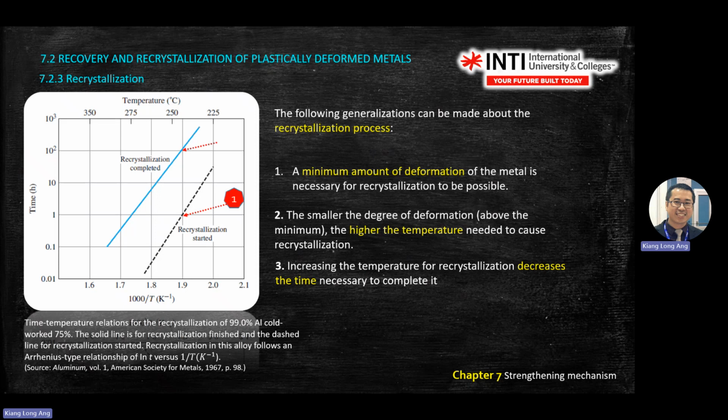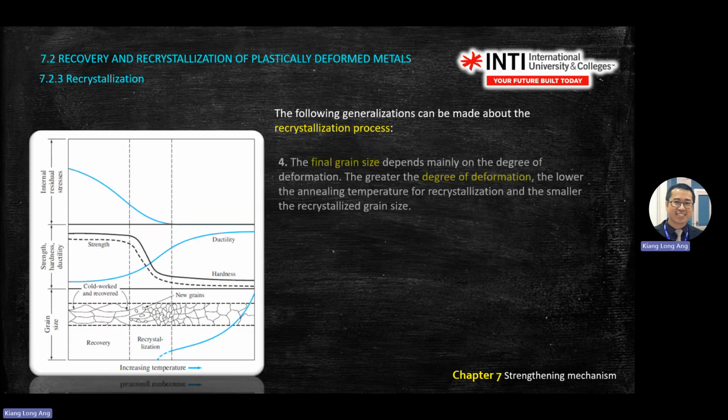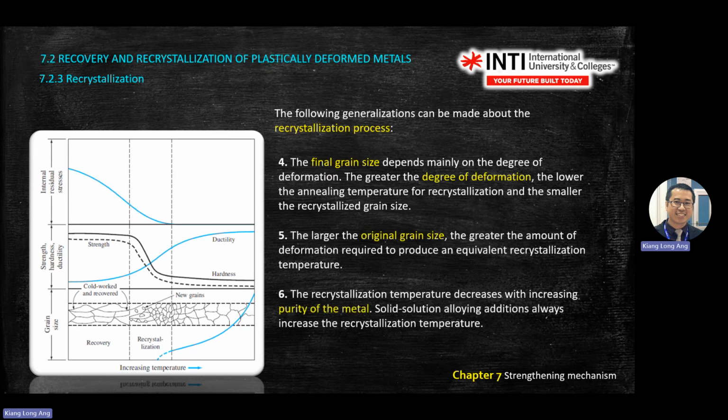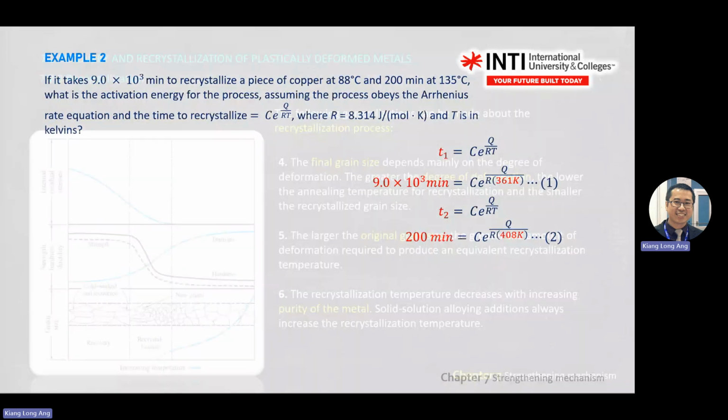So this is plotted time versus inverted T for aluminium. Okay, this one you also read. There's a certain process for recrystallization, right? So this one normally happens.